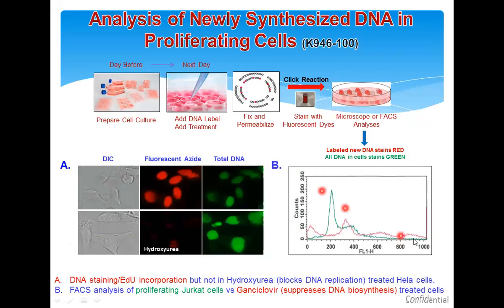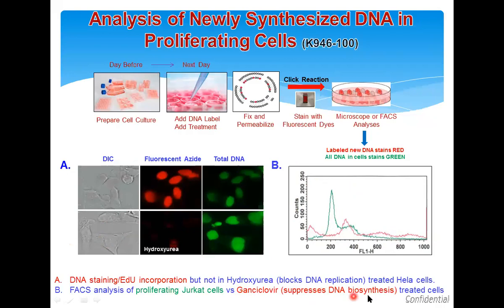And panel B is an example of a FACS analysis, flow cytometry, where we have used Jurkat cells. You can see the green one is the proliferating Jurkat cells, versus cells we have treated with ganciclovir, which suppresses DNA synthesis. Because there is no click reaction, the peak is less.